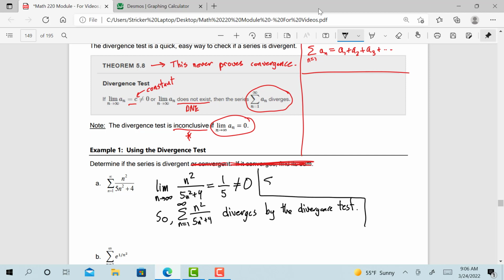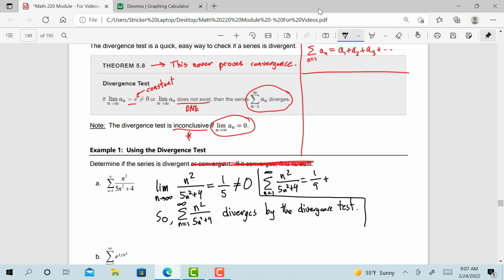So this sum, n equals 1 to infinity of n squared over 5n squared plus 4. What does that say? Well, the first term in this sequence is going to be what? 1 squared over 5 plus 4, which is 1 over 9.